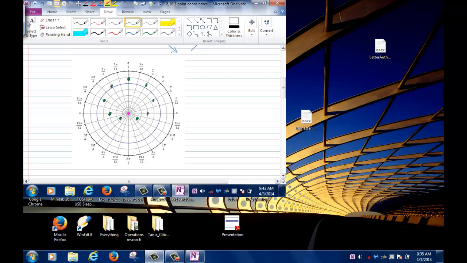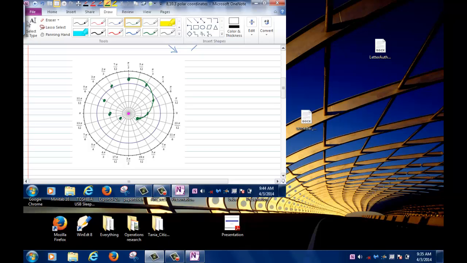Because between 0 and pi over 2, what's happening? Between 0 and pi over 2, r is increasing, right? So the curve will look like what? Well, I have a hard time writing on this, but right?